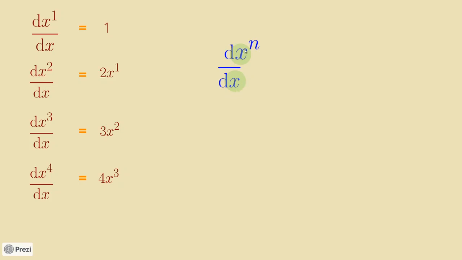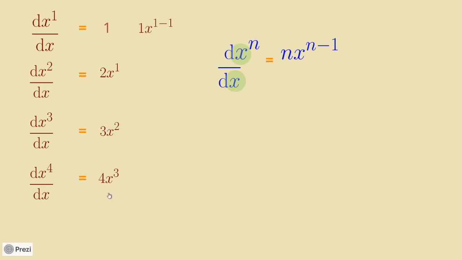Only in that case this is valid. Okay, this is true. So d by dx of x to the power n is nx to the power n minus 1. That is n into x to the power n minus 1. You can see in all these cases it is true.